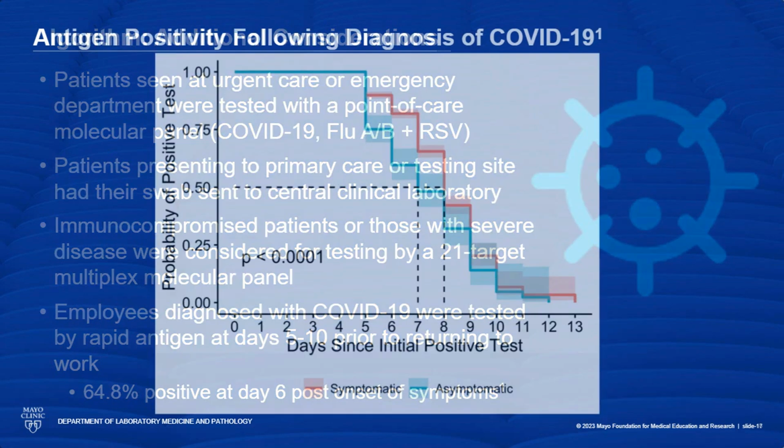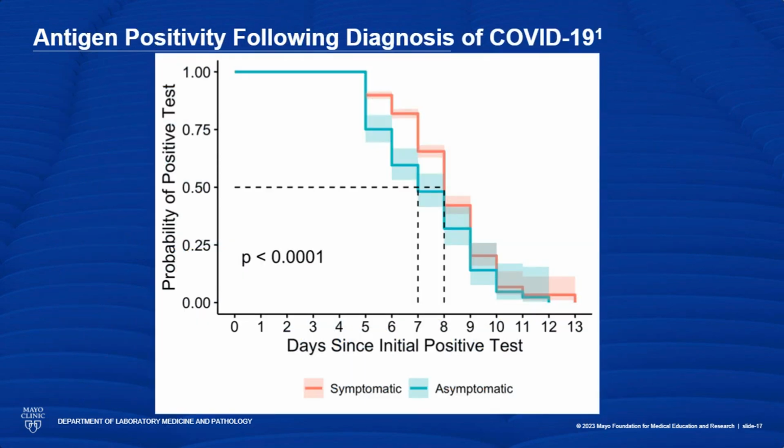This is a graph from that study that again shows the probability of a positive antigen test following their initial diagnosis. So the red line is the drop in positivity in those who initially had symptoms of COVID-19.